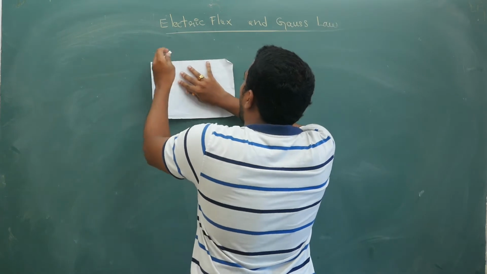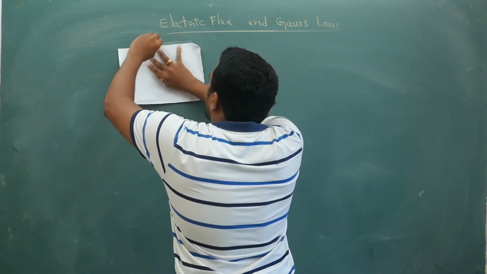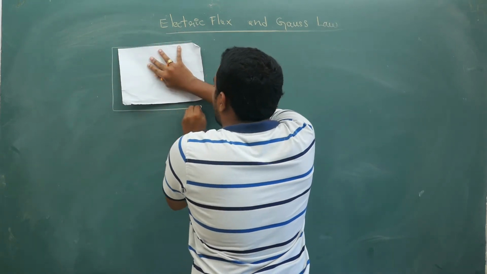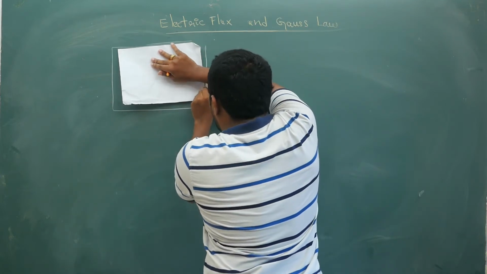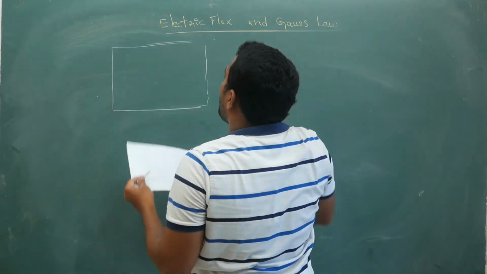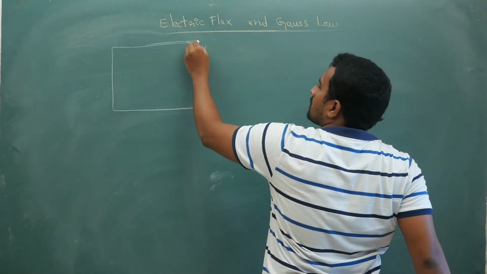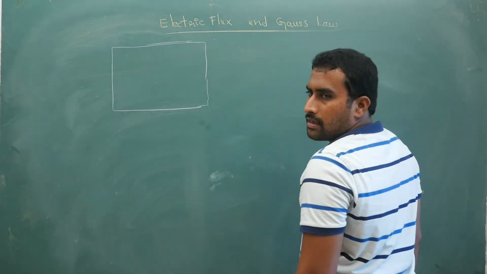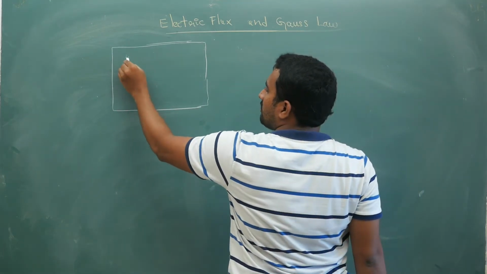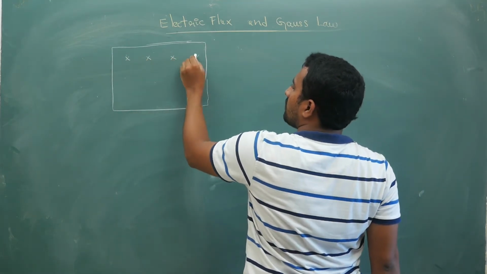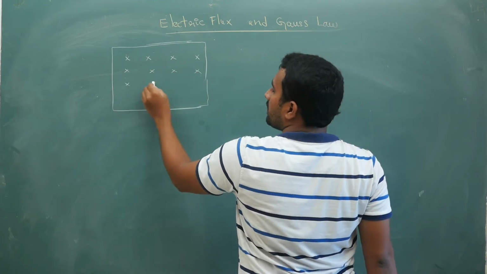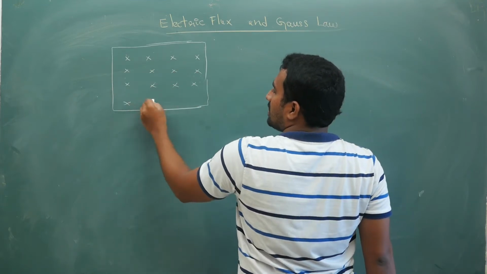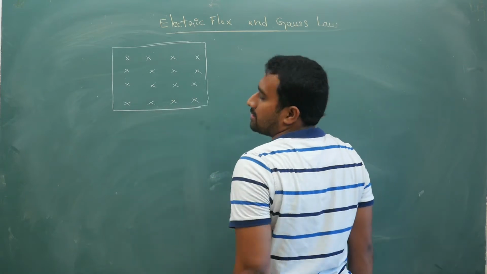I am drawing a box like this. In this box, let us say there are 3 lines in 4 rows, 4 into 4, totally 16 lines coming out like this.